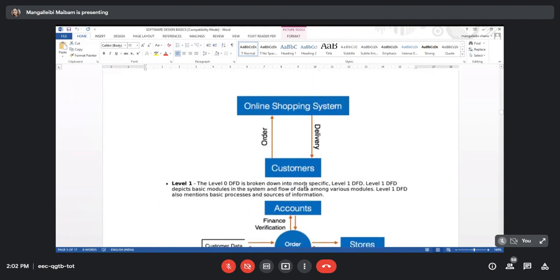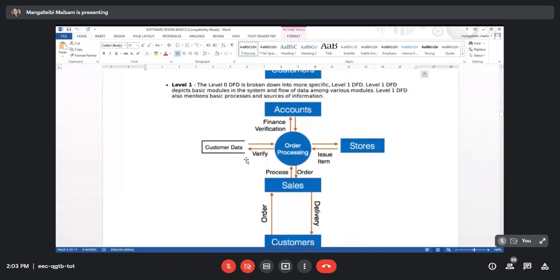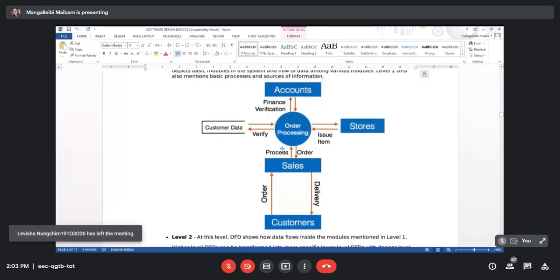Okay, so here you can very easily understand: online shopping system, customers. So customers ordering something, getting our product. So from this diagram also we can easily understand that this is an online shopping system. And if we go through this diagram also, you can understand that the customer is ordering something through an online shopping system and getting the item delivered, but in a detailed manner.